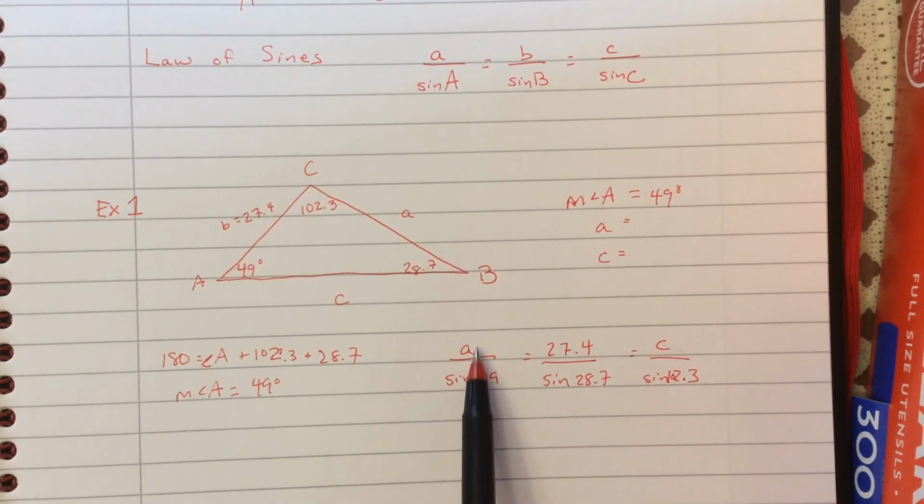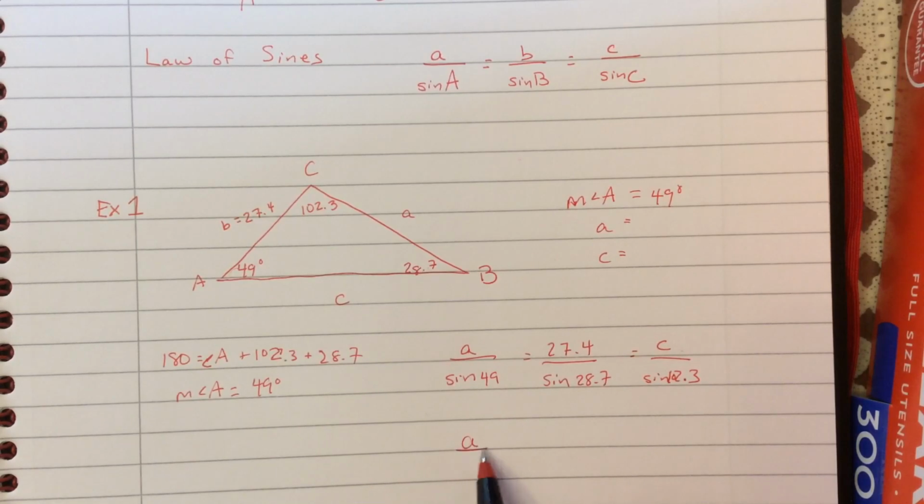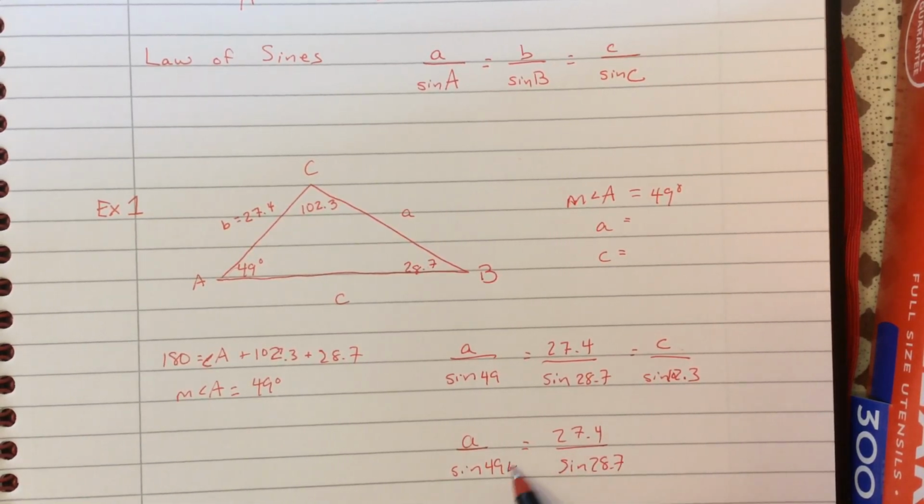So we're going to use these to solve any missing piece. So if I want to solve A, I'm going to use this right here. So I'm going to say A over the sine of 49 equals 27.4 over the sine of 28.7. So we're going to cross multiply.